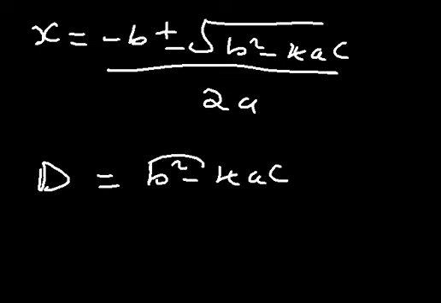Now this is what we call the discriminant, the one that determines the nature of the roots of the quadratic equation, in the sense that whenever the discriminant is equal to 0, that particular quadratic equation will give us two similar roots.